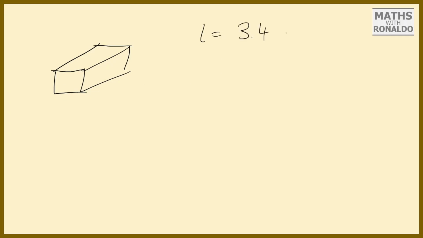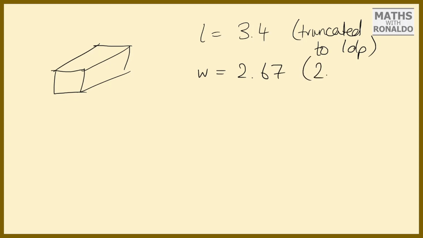If we have a cuboid, very simple, and the length is equal to 3.4 truncated to 1 decimal place, the width equals 2.67 rounded to 2 decimal places, and the height is 1.34 to 3 significant figures, and we were asked to calculate the upper and lower bounds for the volume of this cuboid.